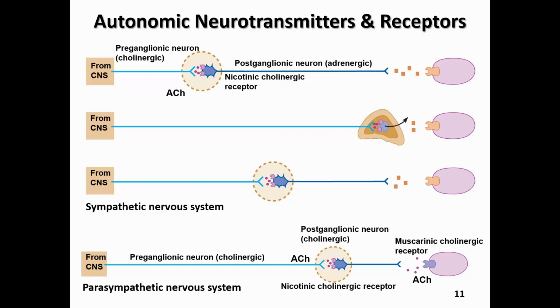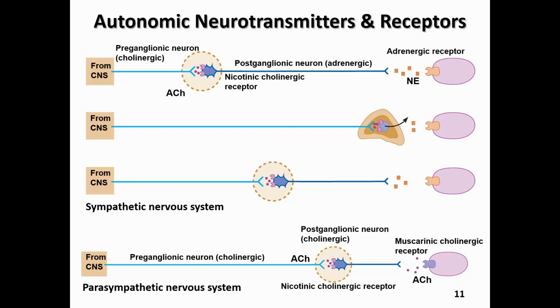The postganglionic neuron of the sympathetic nervous system is considered to be adrenergic. By being adrenergic, it will release an adrenaline type of neurotransmitter. The term adrenaline refers to a general class of compounds, one of which is norepinephrine.